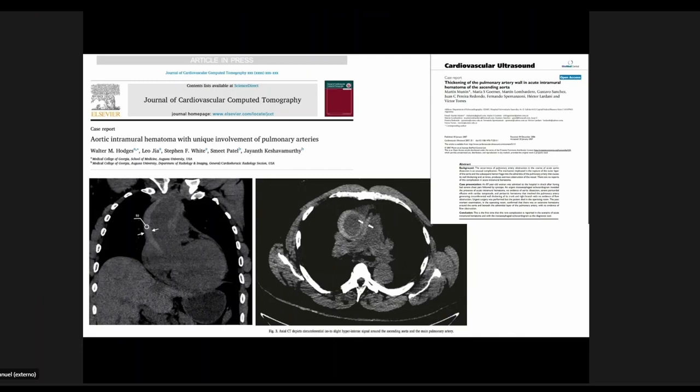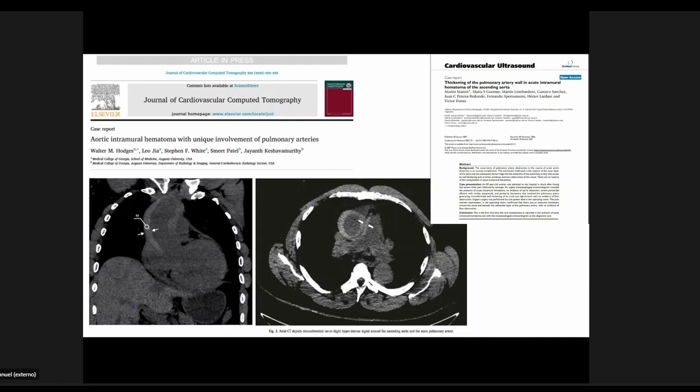So you can propagate the hematoma from the aorta in the adventitia to the pulmonary artery. Sometimes it can obstruct the flow in the pulmonary artery, and it can also cause dyspnea.